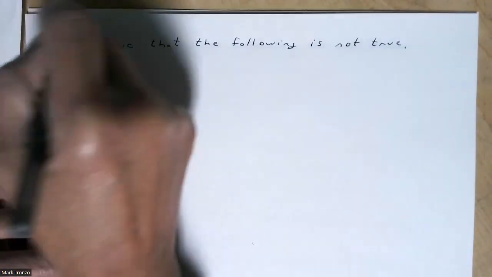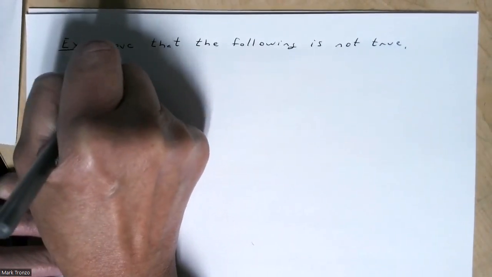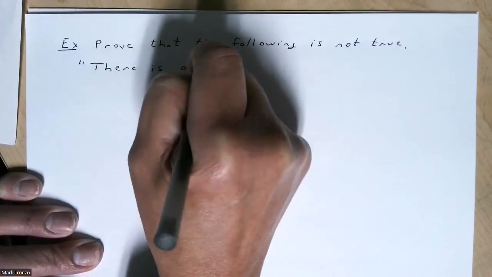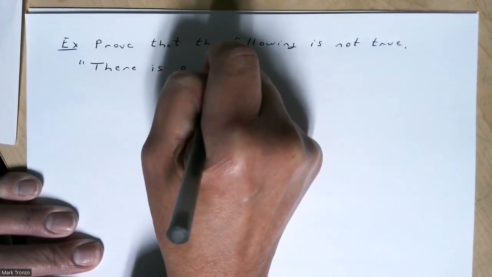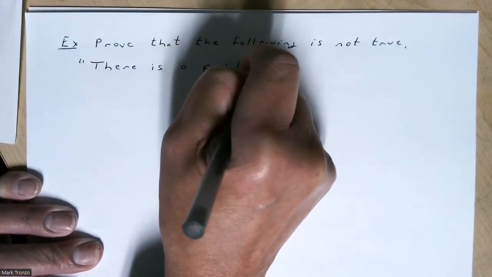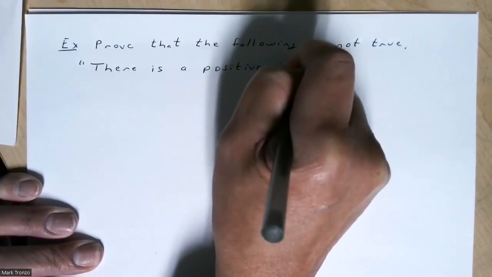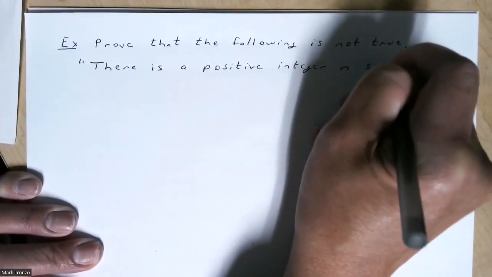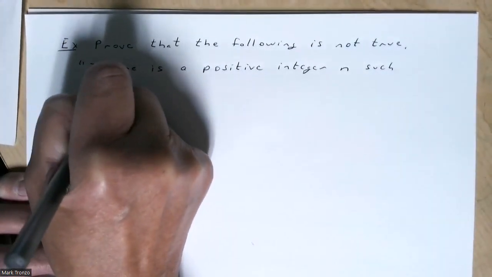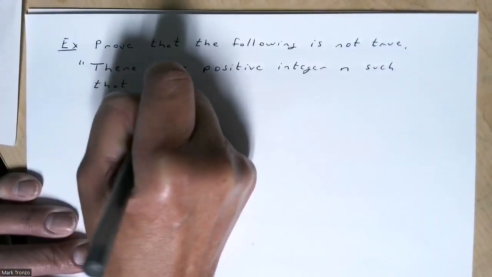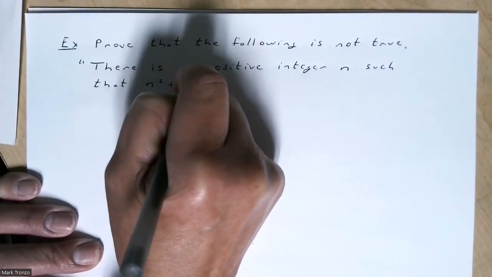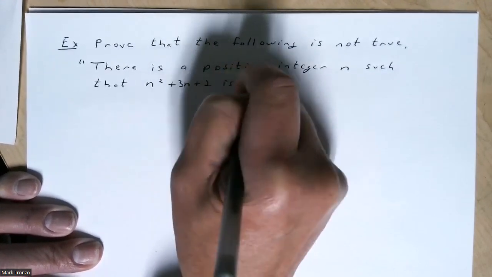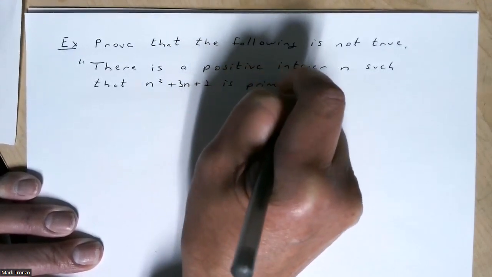Prove that the following is not true. There is a positive integer n such that n squared plus 3n plus 2 is prime.